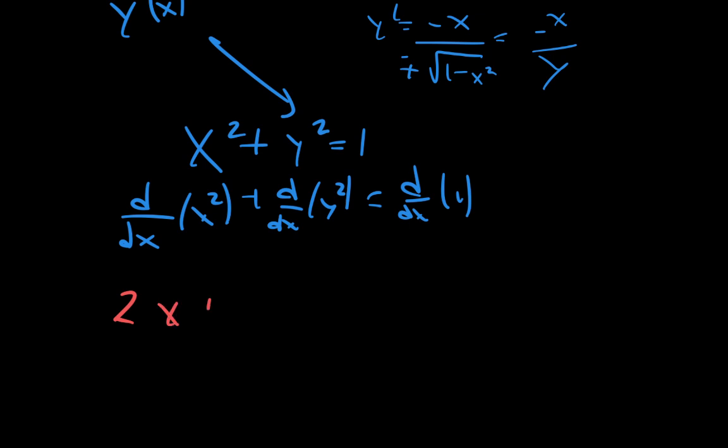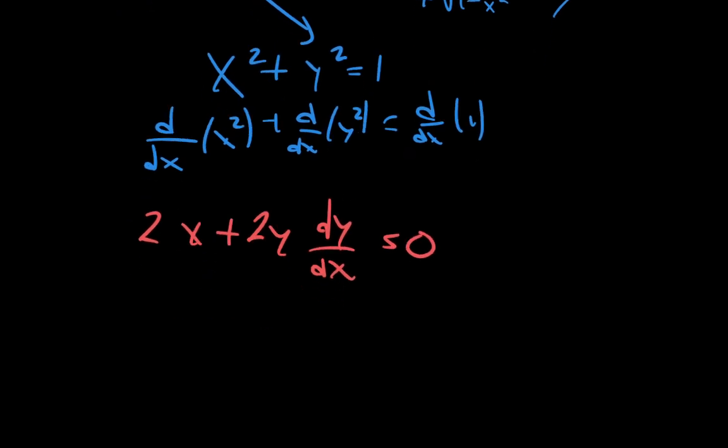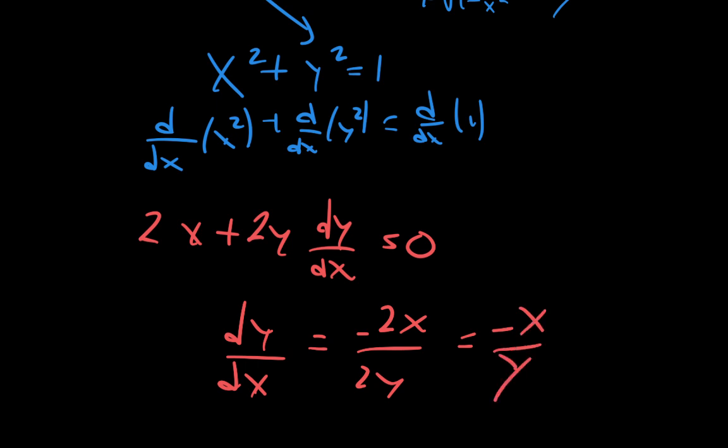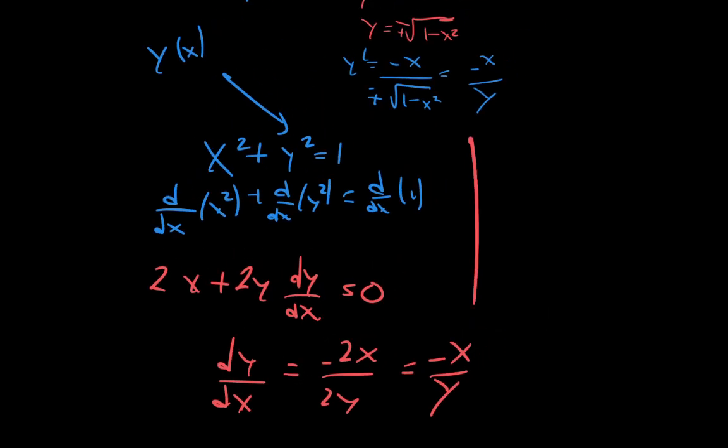That turns to 2x plus 2y dy/dx. And then we can subtract the 2x and then divide by the 2y, giving minus x over y. And as we can see, this gives us the same result.